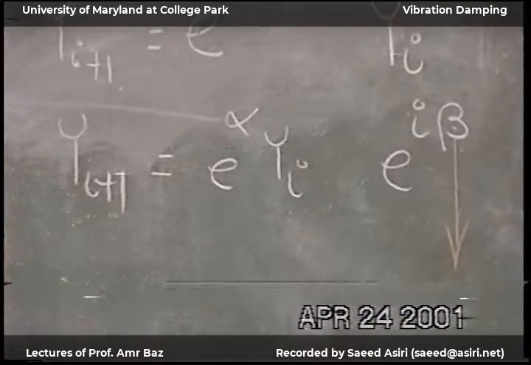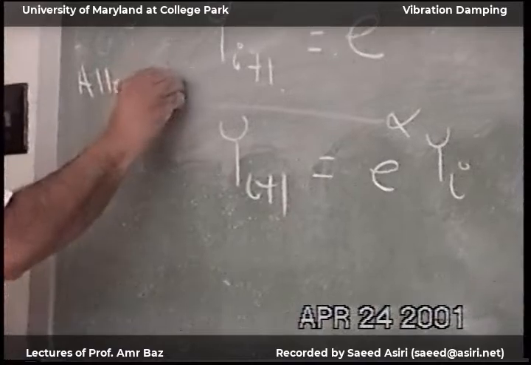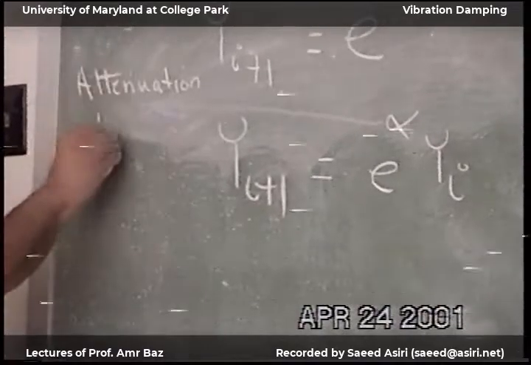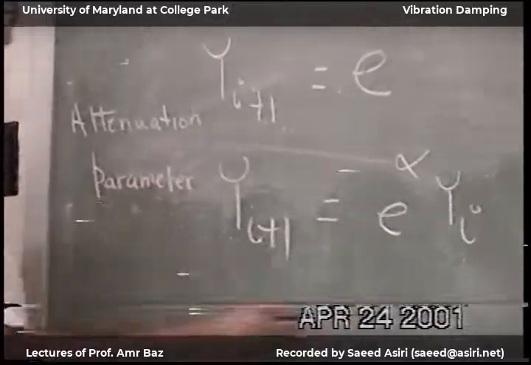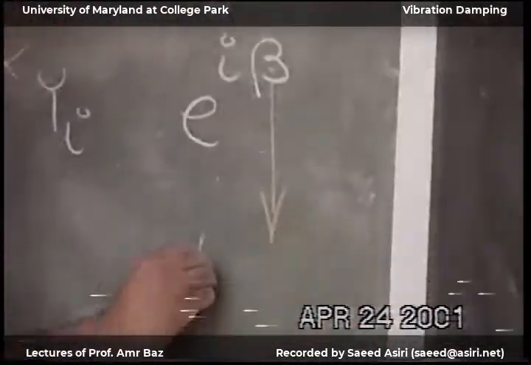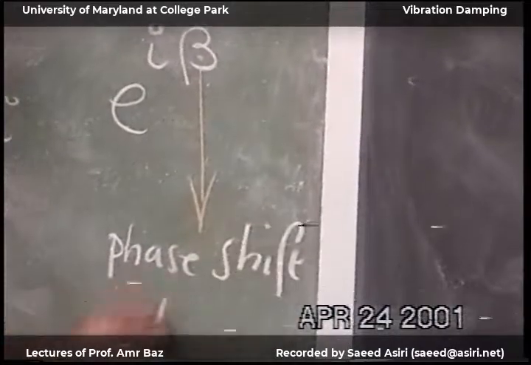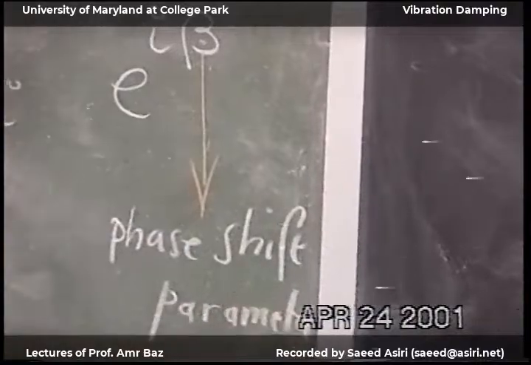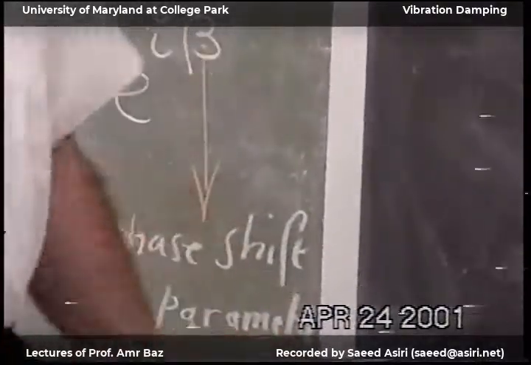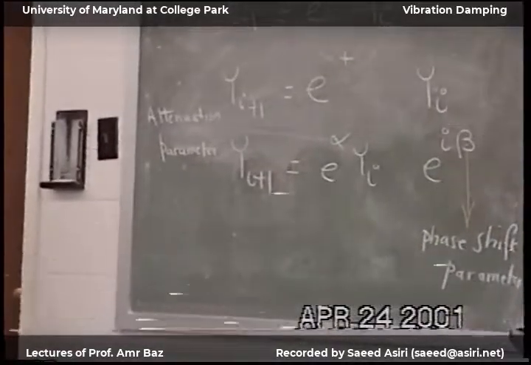So here is called the attenuation parameter, and then beta is called the phase shift parameter. Okay, so now we're in good shape to do examples, and we'll do them next time.